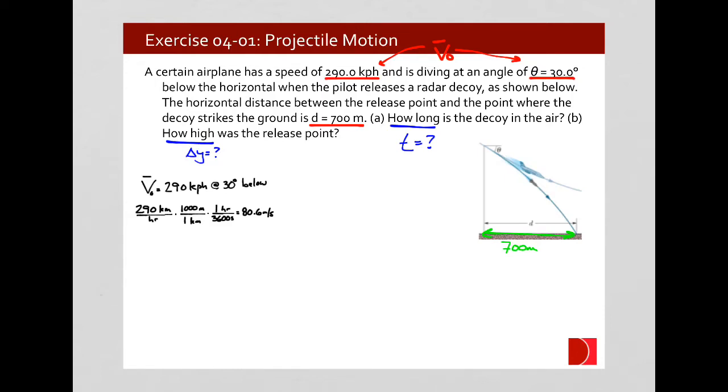We're also told that we are 30 degrees below the horizontal. So we can consider that, number one, as a negative 30 degrees.